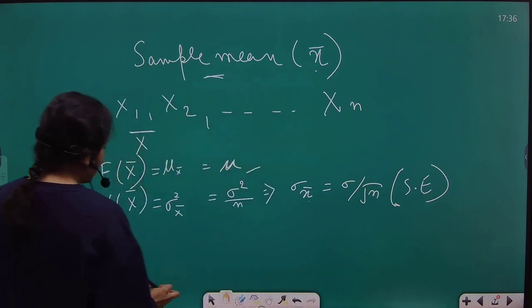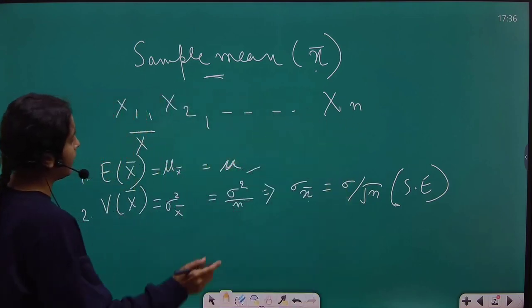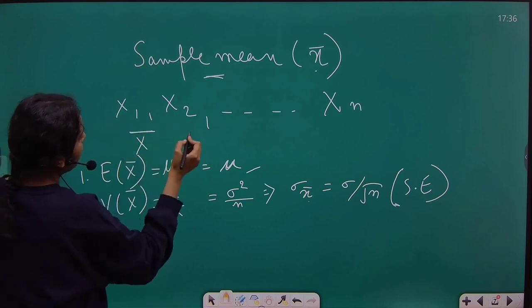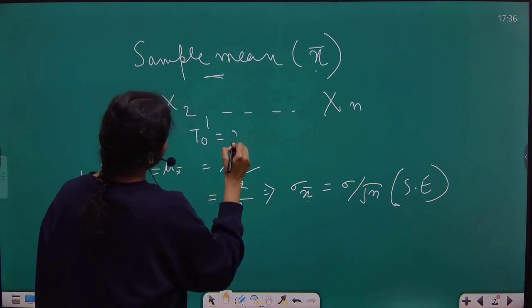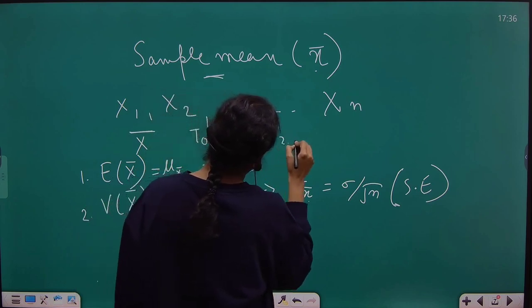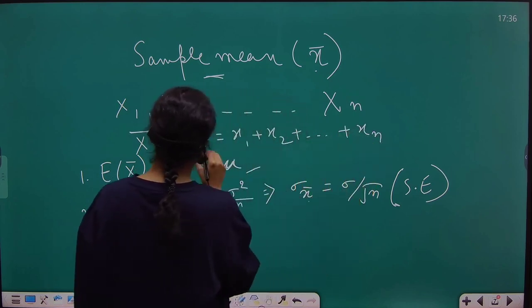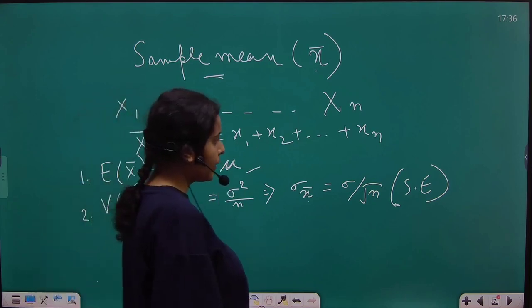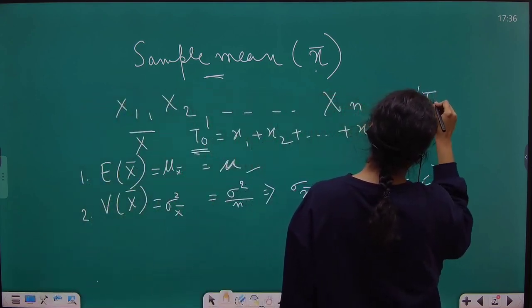One more thing is, we have a sample x1, x2 till xn. So the sum of this sample is denoted by T0, which is x1 plus x2 till xn. This is the sum total of the sample. So what will be the expectation of T0?